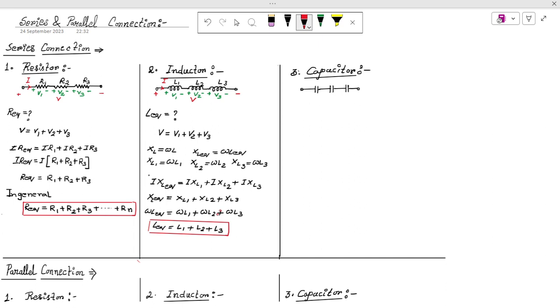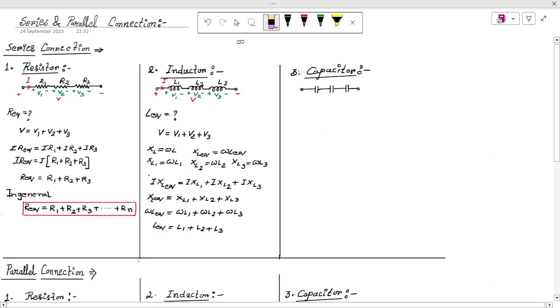If we go through the formula, here you can consider for n number of turns also. Okay, so this is the first step. In general, write down in such a way. So remember this.